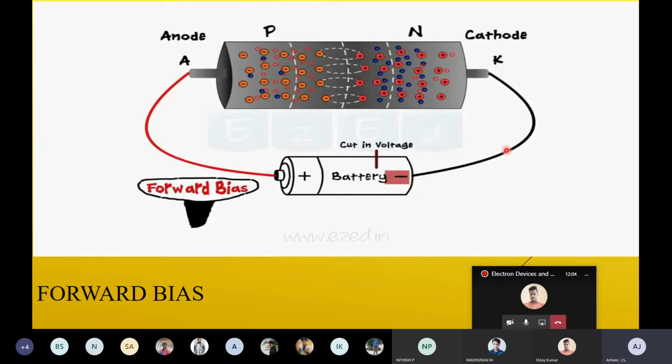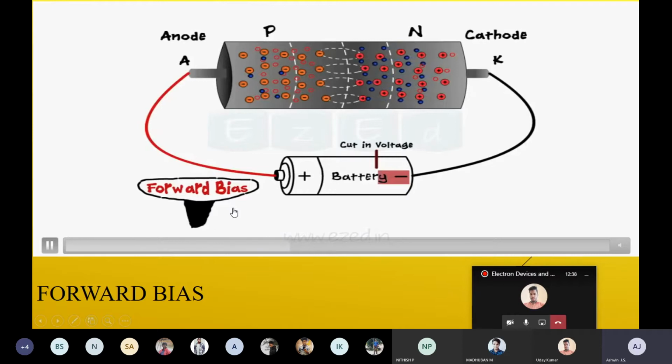Similarly, at the cathode I give negative, so the electrons are pushed towards the junction, and they try to cross it. Cut-in voltage is the minimum voltage required to push the electrons across the junction. For silicon it is 0.6, for germanium it is 0.3. Always remember this. After giving that voltage, the conduction will start.